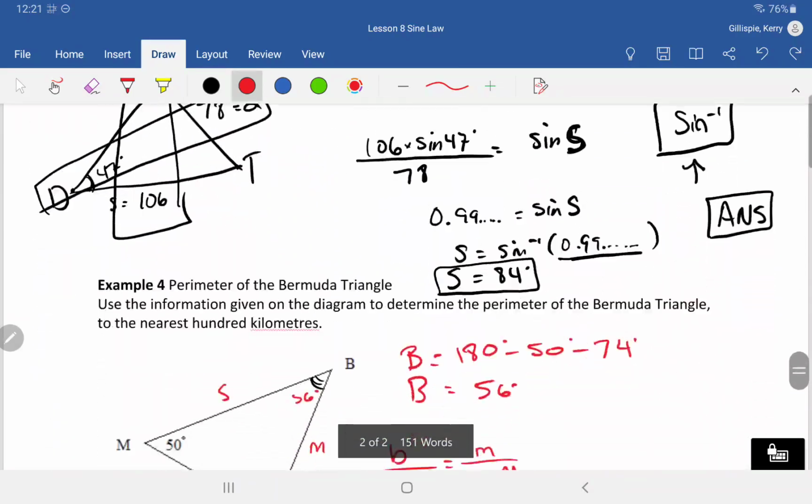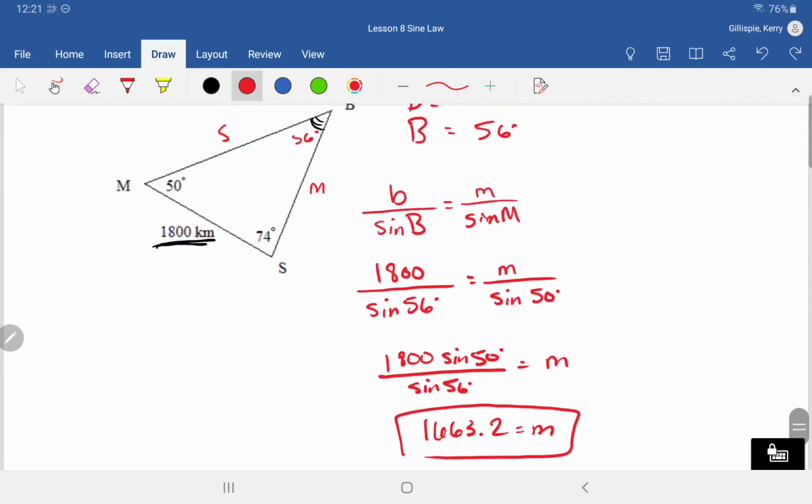Sorry, I don't know why it keeps wanting to jump to the top, but we are almost done. Okay, we just have to solve for lowercase s now. I'll do that in a different color. Let's do s over the sine of 74, because those two go together.